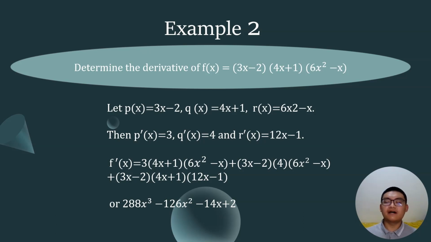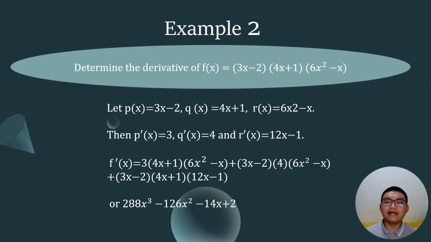The derivatives are as follows. The derivative of p of x, which we will call p prime of x, is 3. The derivative of q of x, we call it q prime of x, is 4. The derivative of r of x, which we call r prime of x, is 12x minus 1.